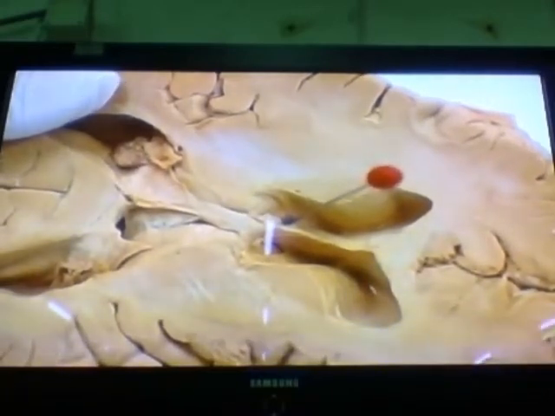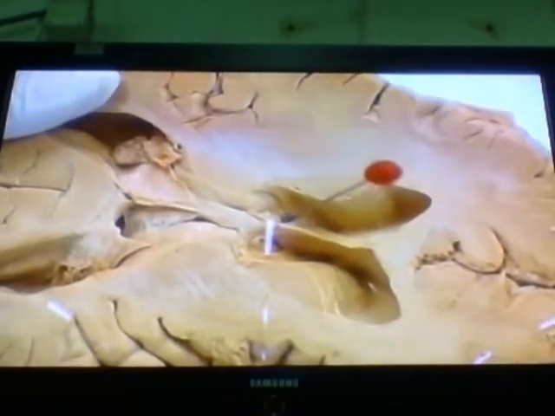It leads through the foramen of Magendie and Luschka. Foramen of Magendie leads into the cisterna magna. Foramen of Luschka leads into the lateral angle cistern.